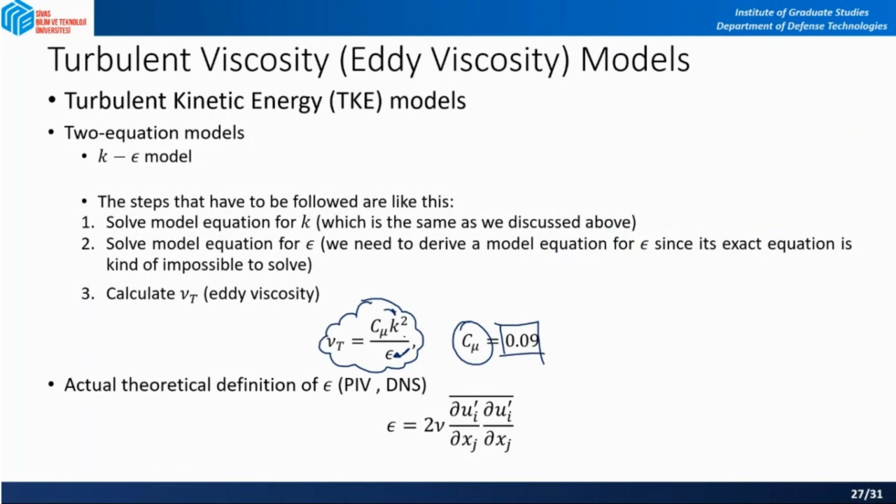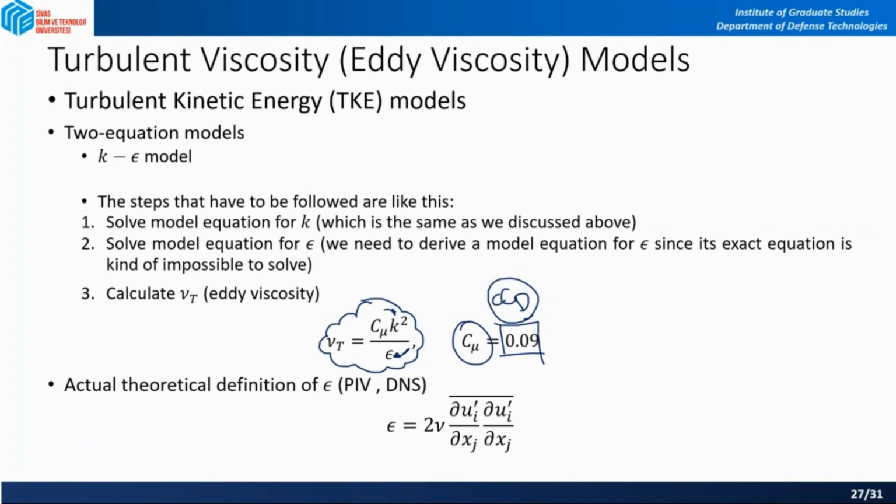It is an empirical constant, obtained from experiments similar to those you saw before in the one equation model. Once you have nu T, you calculate the Reynolds stress, insert it in the RANS equations and solve. Unlike the one equation model, here we do not need the length scale to be defined.